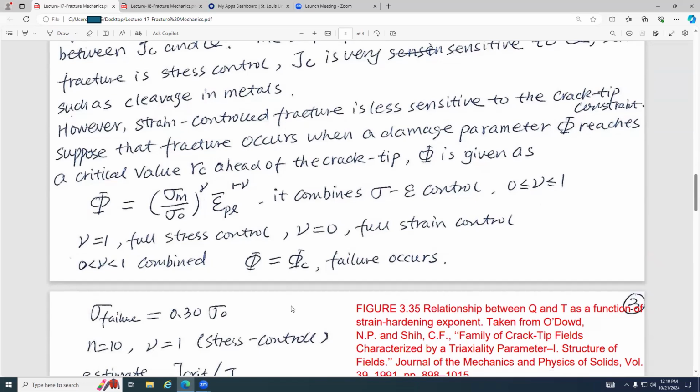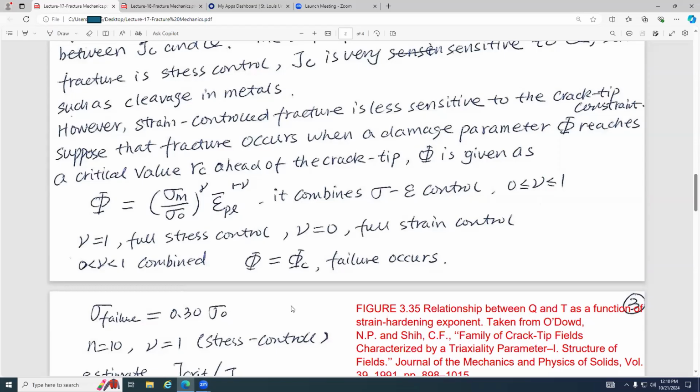So what is the hydrostatic stress? Sigma m equals 1/3 of sigma 1 plus sigma 2 plus sigma 3.